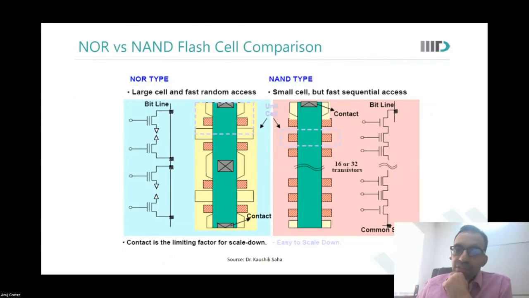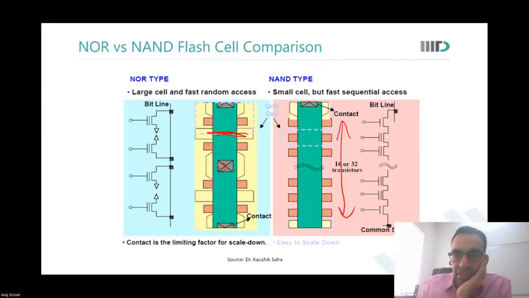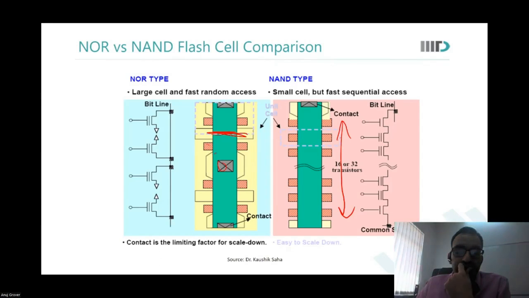So this is how it appears in a layout, where after every poly you had a contact or a source line running in, and over here for the NAND, it's completely just a string of devices, no space for contacts. So for the NOR flash, contact is what limits further scaling of area.